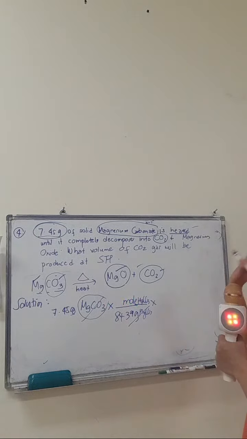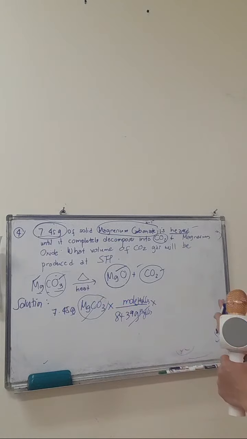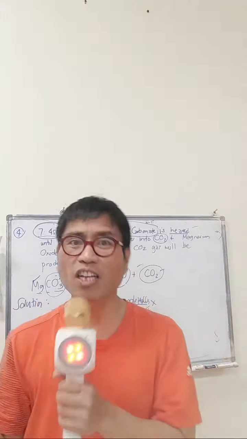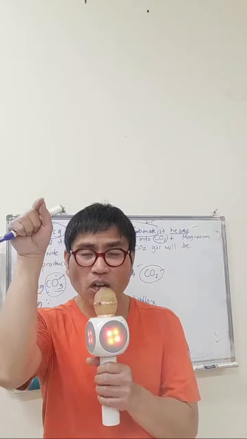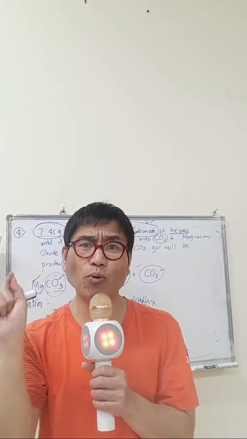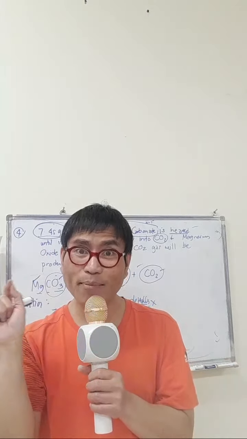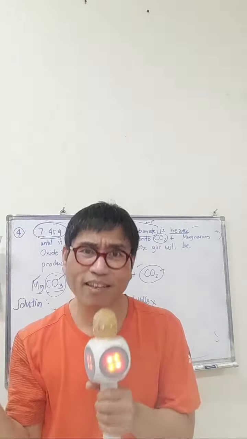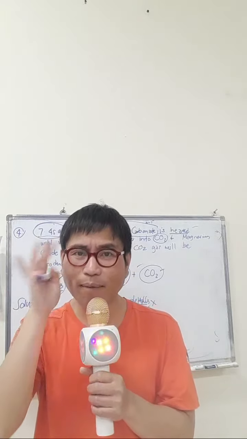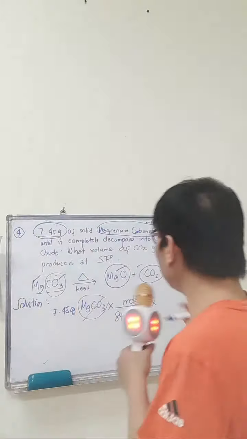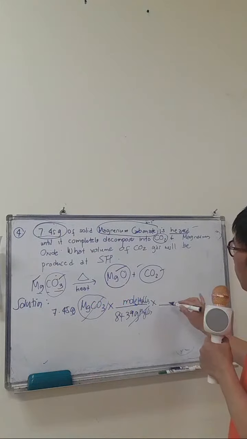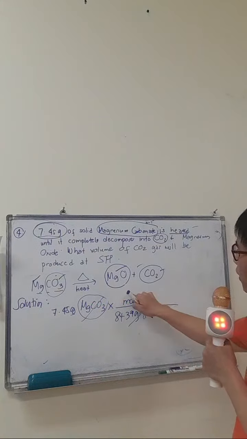Step number two is to look at the balanced chemical reaction. This is really the second step in dimensional analysis: look for the balanced number of moles in the chemical reaction all the time in these calculations. Here, under the denominator, moles of magnesium carbonate. Take a look at the chemical reaction.